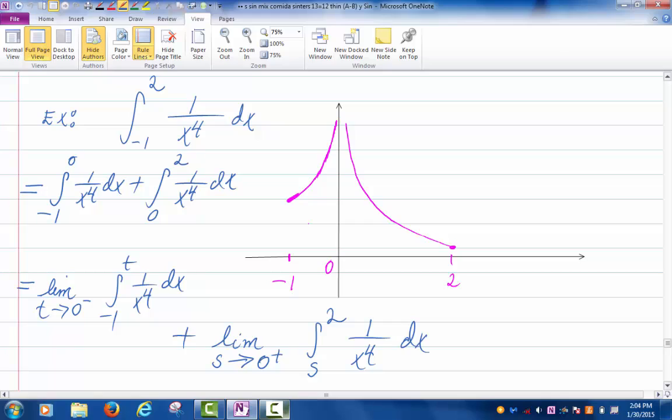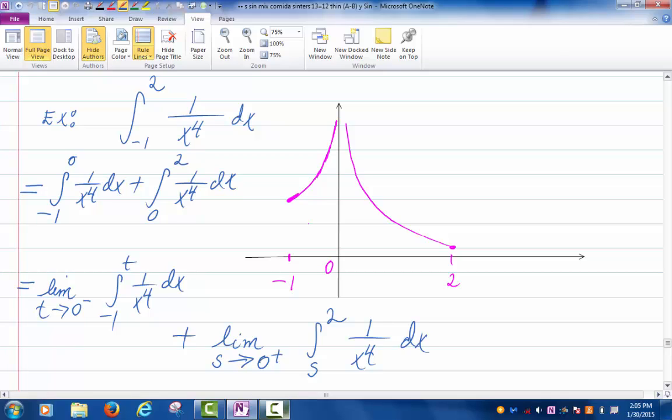If you look at the graph of 1 over x to the 4, it will look the same as the graph of 1 over x squared. If you don't know that, just use your calculator and see what it looks like. My scale is of course bad.